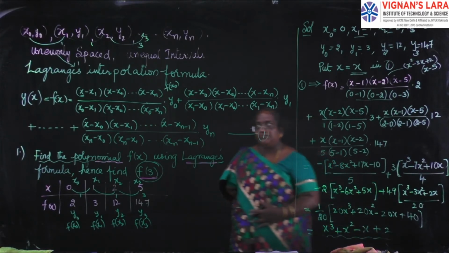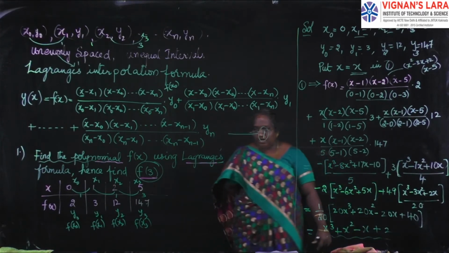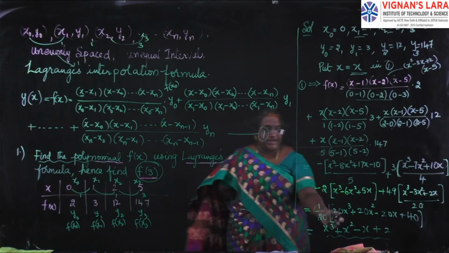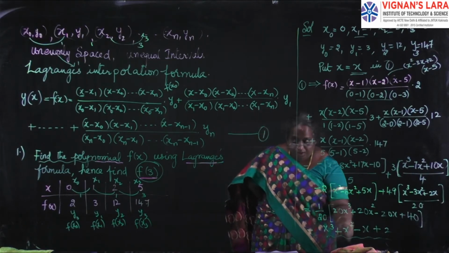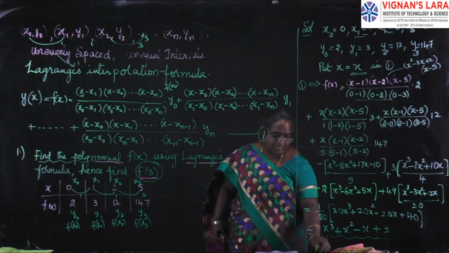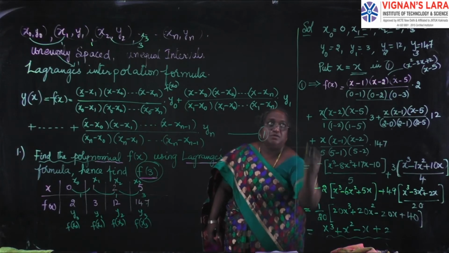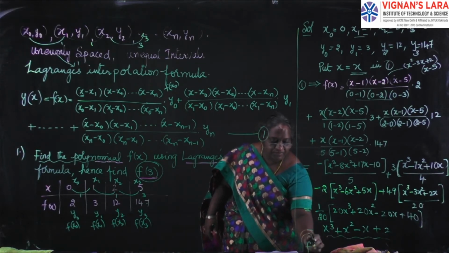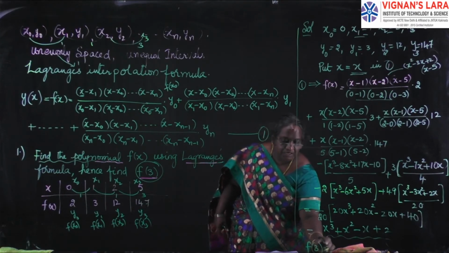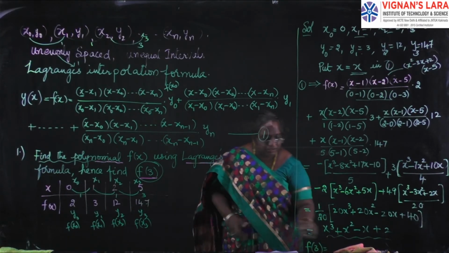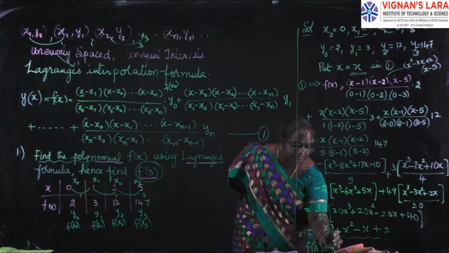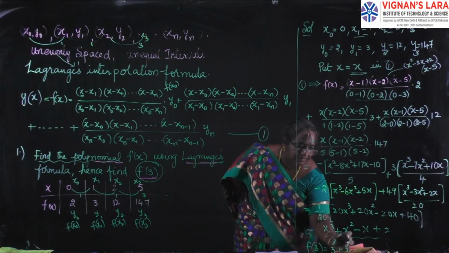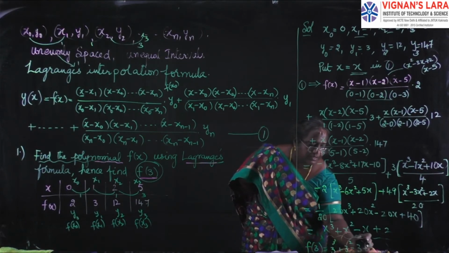You were given 4 points, so you will get a third degree polynomial. Now you have to find f of 3. So what is f of 3? Here you have to substitute 3. f of 3 is equal to, instead of x substitute 3. So it is 3 cube plus 3 square minus 3 plus 2.